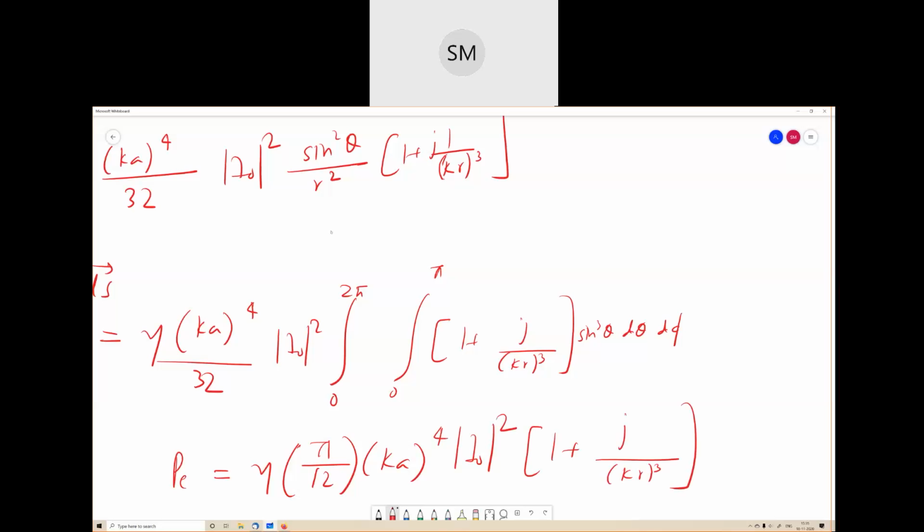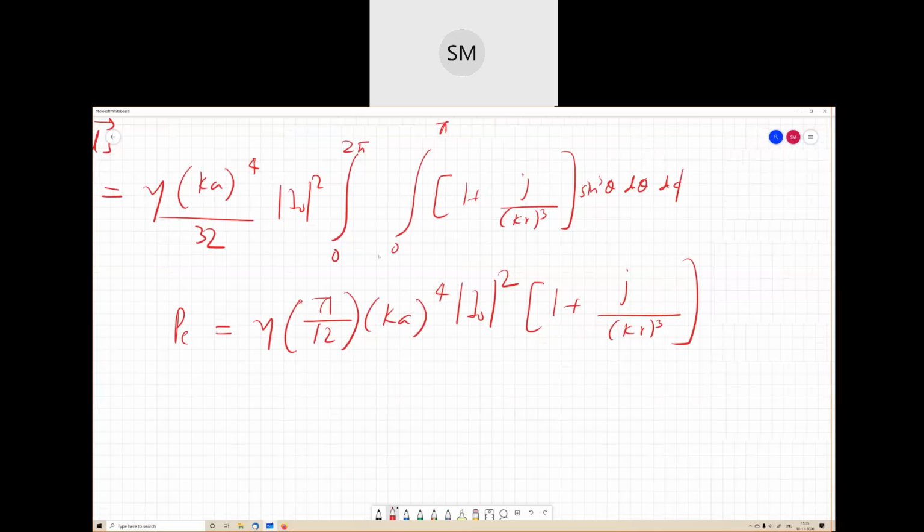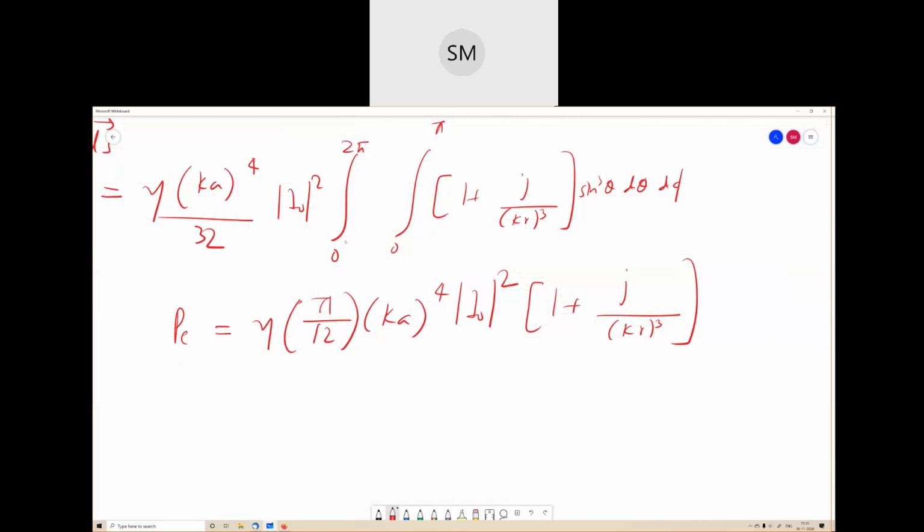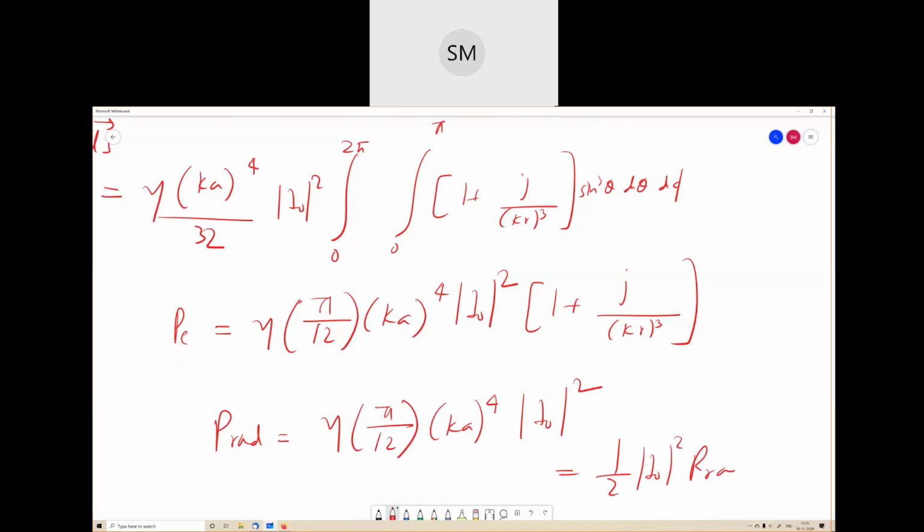The real part which contributes to the radiated power is equal to eta pi by 12 k to the power of 4 I naught squared, and that is equal to half I naught squared R_rad.